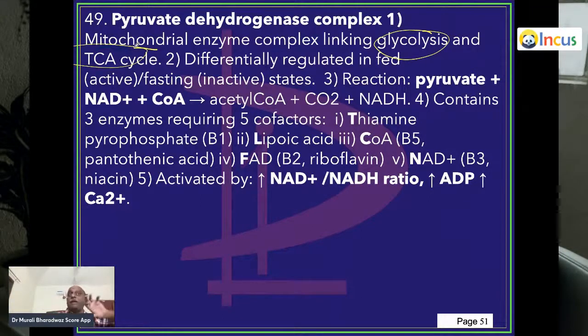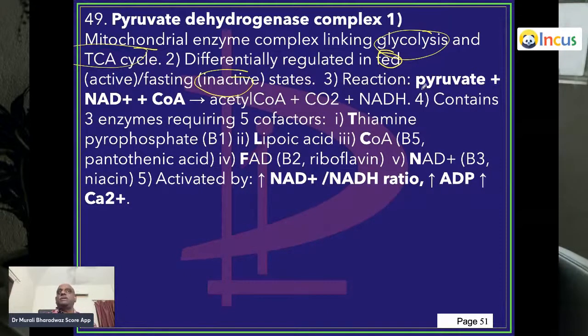To convert pyruvate to acetyl-CoA, oxidative decarboxylation should occur. That is the one which is powered by the pyruvate dehydrogenase complex. It is very active when you are in a fed state and it is inactive whenever you are in a fasting state. All right.